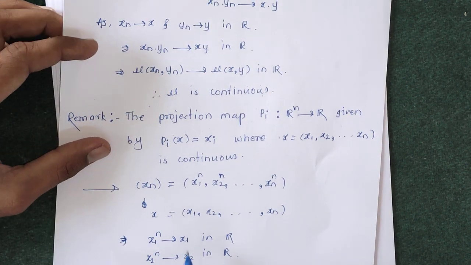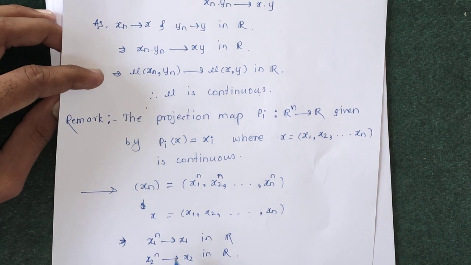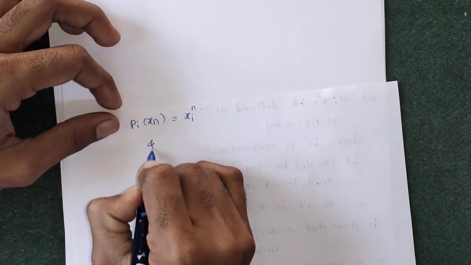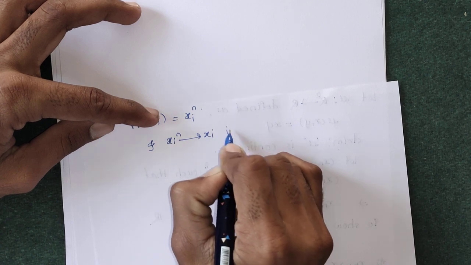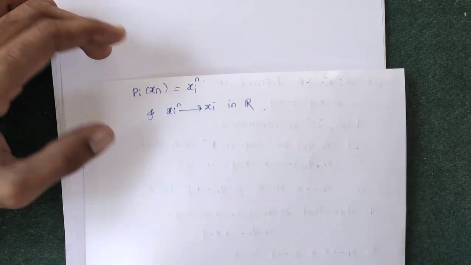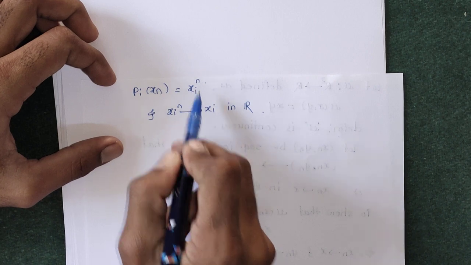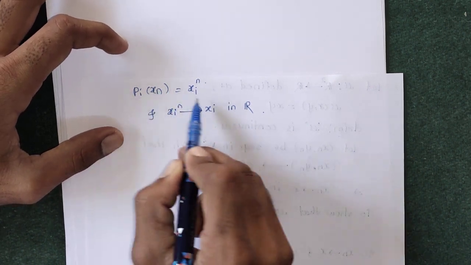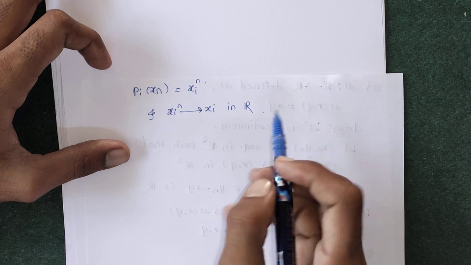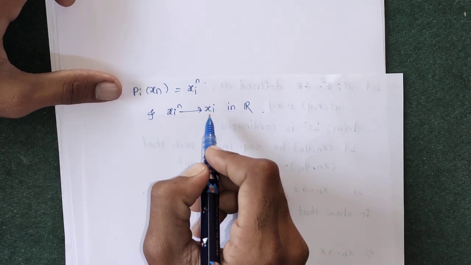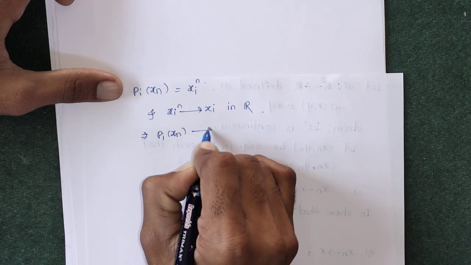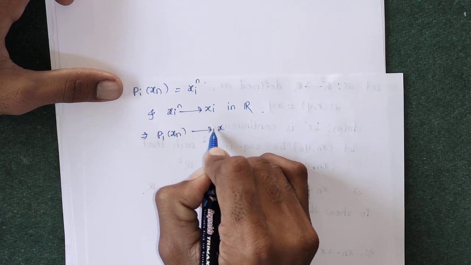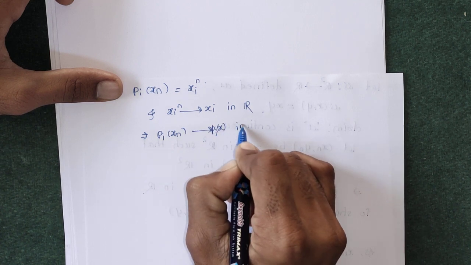So pi of xn converges to xi in R. We have to prove that the image of this converges to some element in the codomain. The codomain is R. So xi raised to n converges to xi in R implies pi of xn converges to pi of x in R.